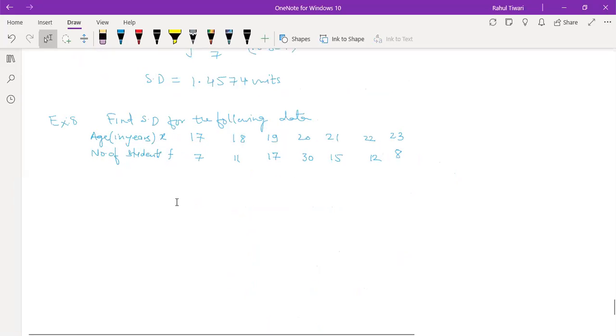How do you calculate? Take down the solution.